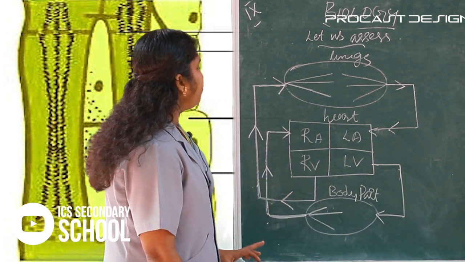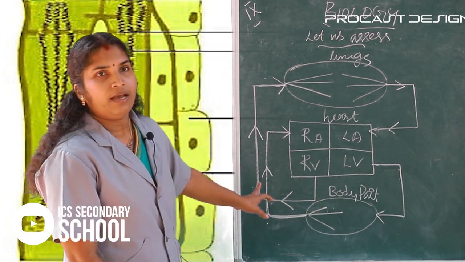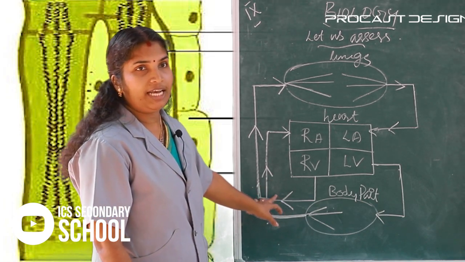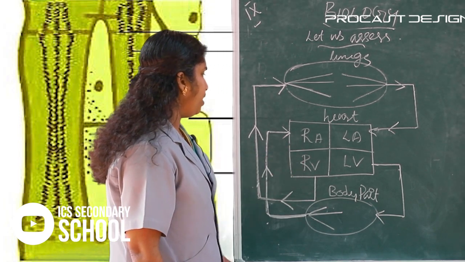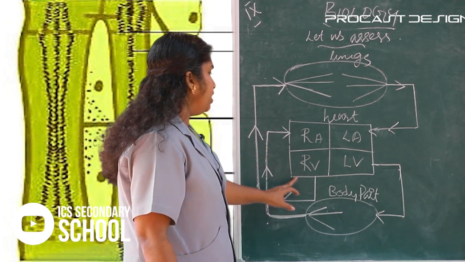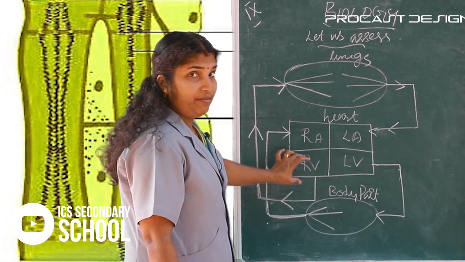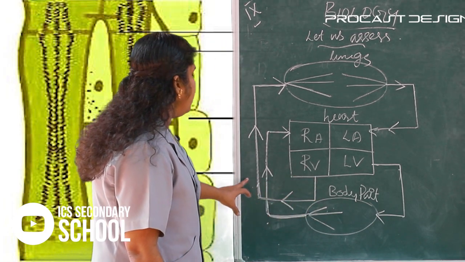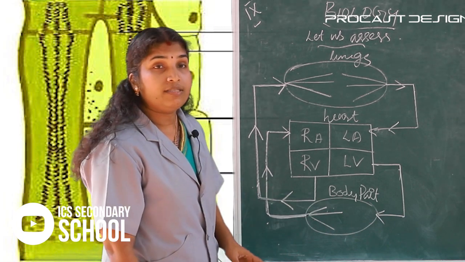Starting from the different parts of the body, capillaries, that means the superior vena cava and inferior vena cava, end at the right atrium. From the right ventricle, the deoxygenated blood is carried to the lungs for oxygenation.